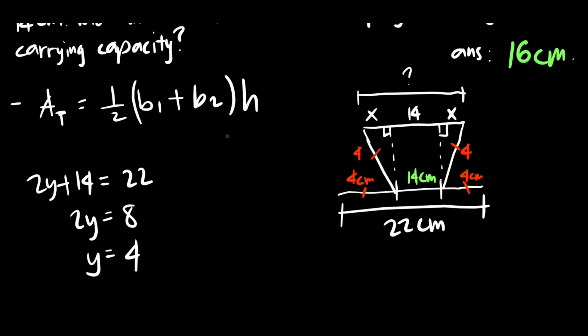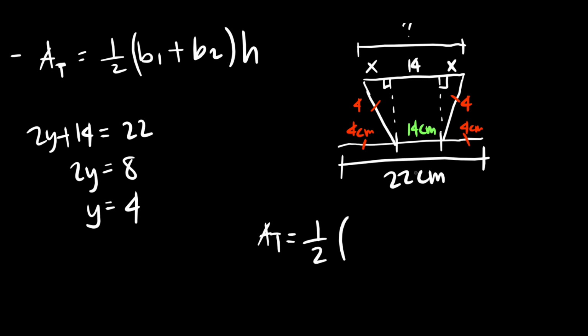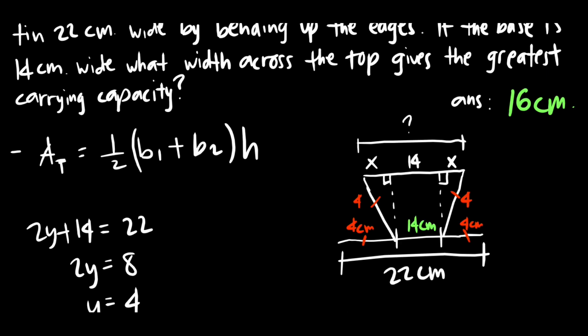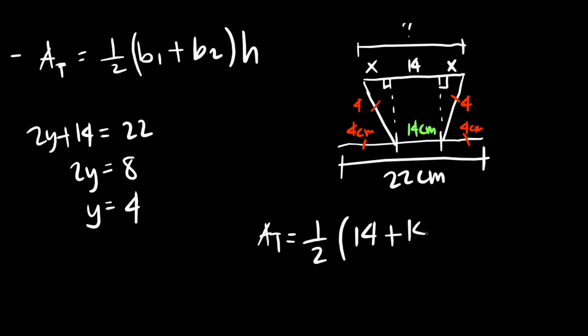So by the area of a trapezoid, the area is equal to 1 half. What is the length of base 1? Let base 1 be equal to 14. So 14 plus base 2. Base 2 is equal to 14 plus 2x. So 14 plus 2x multiplied by the height.